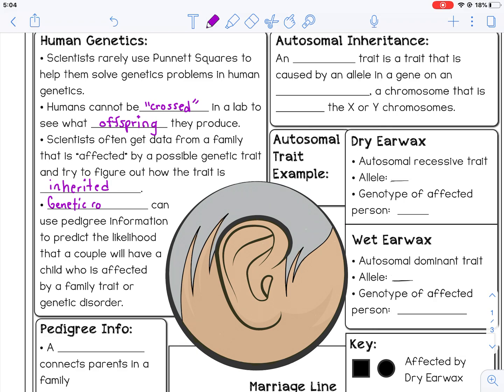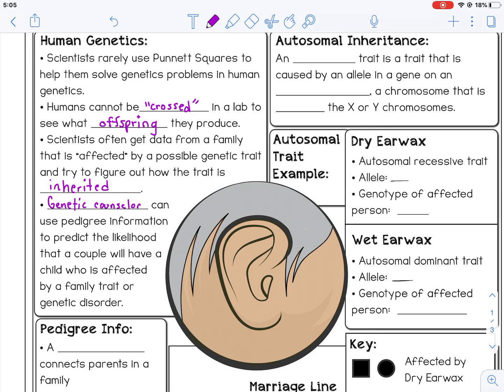Genetic counselors. Now, remember, there was a genetic counselor in the movie that we watched, Gattaca. But it's not a made-up profession only for a movie.